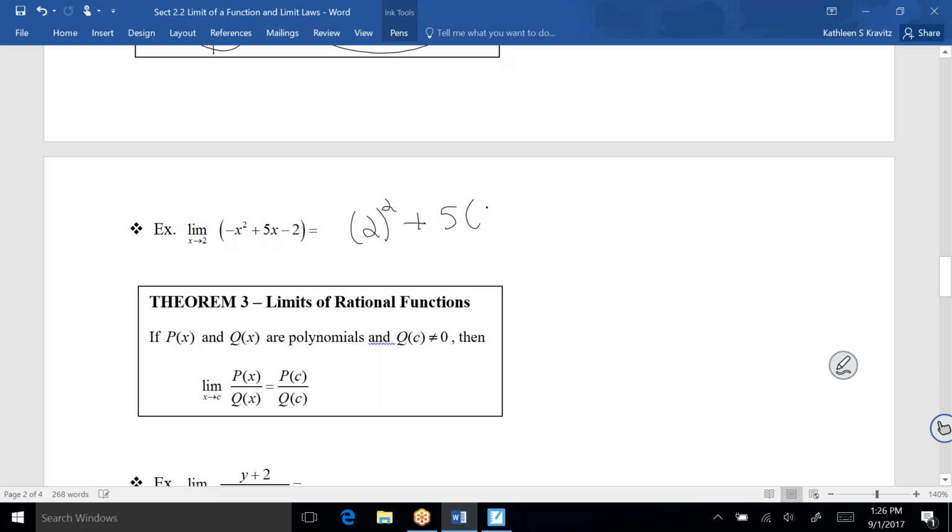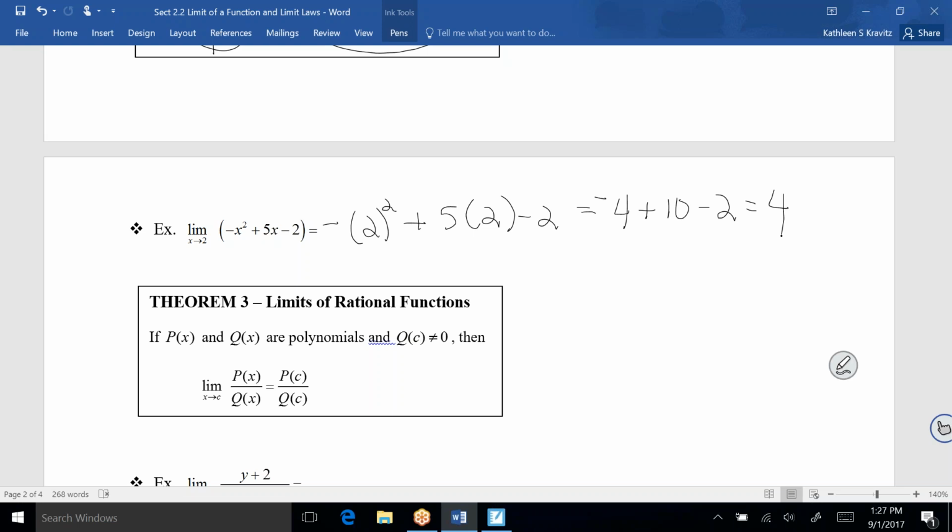Plus 5 times 2 minus 2. I forgot to put the negative in front here, so let's make this negative. So negative 4 plus 10 is 6, minus 2, and that's going to be equal to 4. So that's the limit of that polynomial as x gets close to 2.